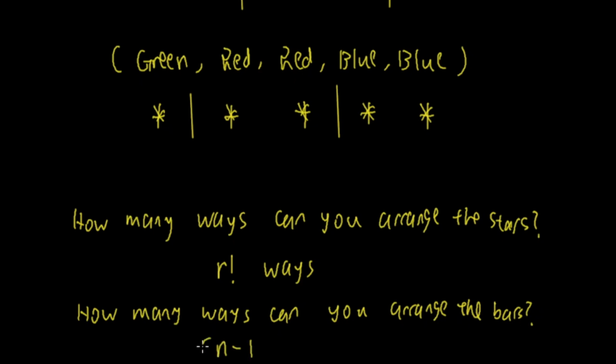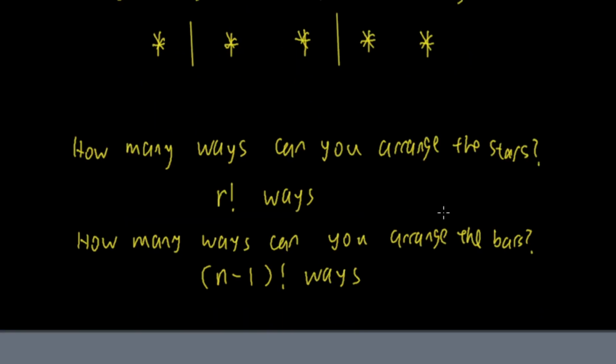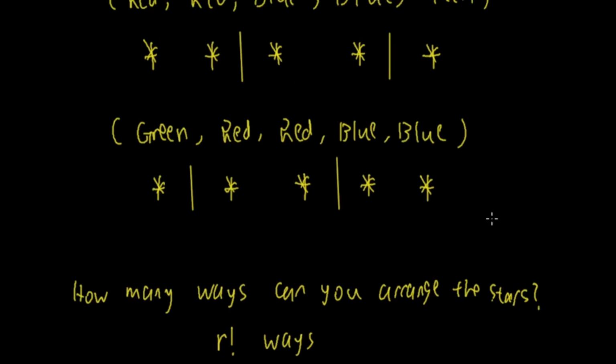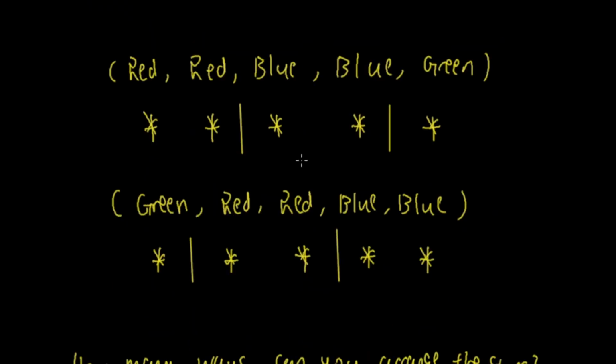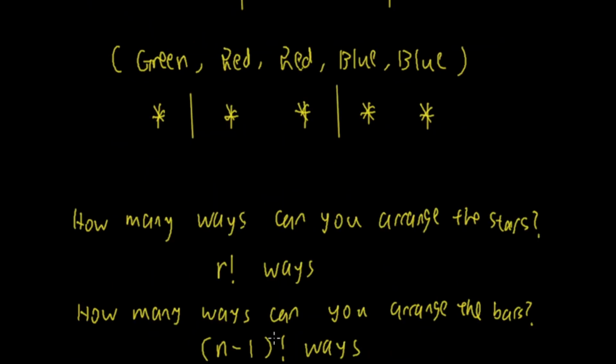Should be n minus 1 factorial ways. Okay. To eliminate all the overcounting, I have to divide this by R factorial times n minus 1 factorial.